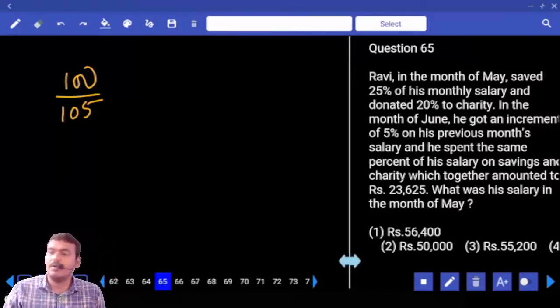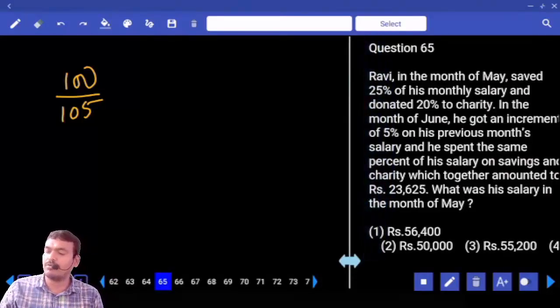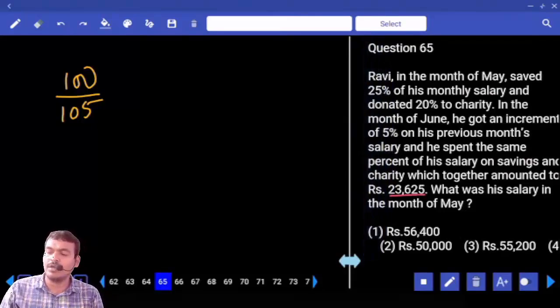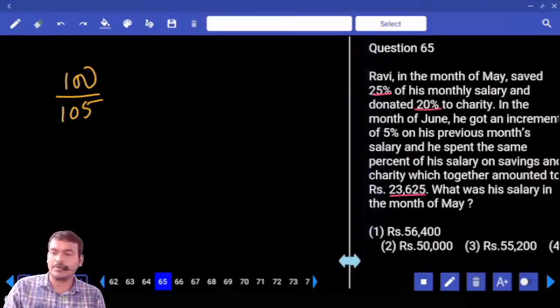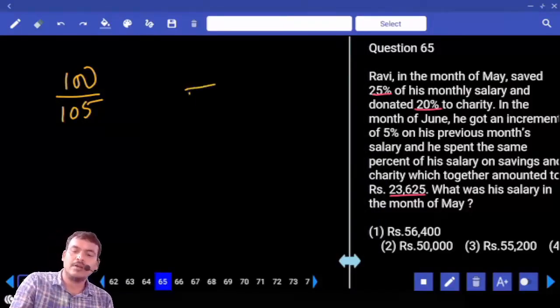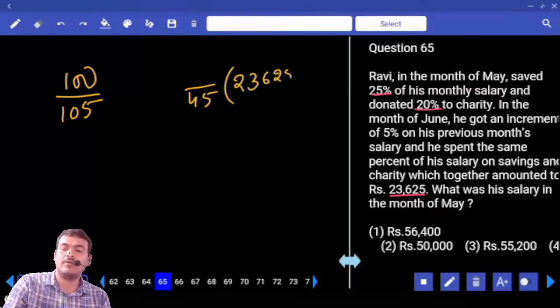Next, in June, savings and charity together amounted to how much? 23,625. What is the savings percentage? 25. What is the charity percentage? 20%. 25 plus 20? 45%. In place of 45%, how much value is given? 23,625, or not?